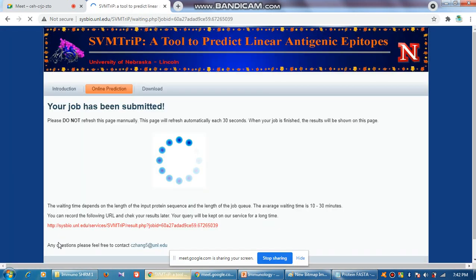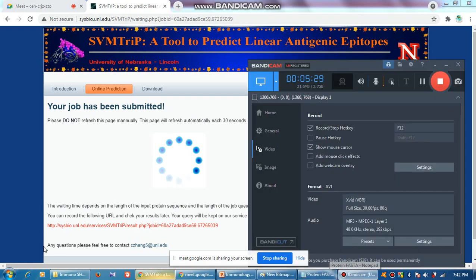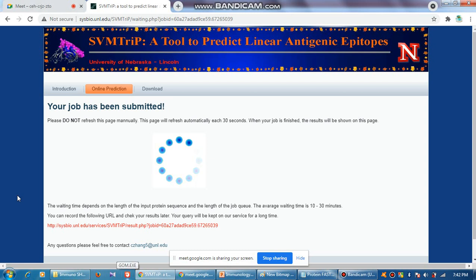We will find it out. Now it is searching for the antigenic epitope. Now it will do some searching. It is also a supercomputer.